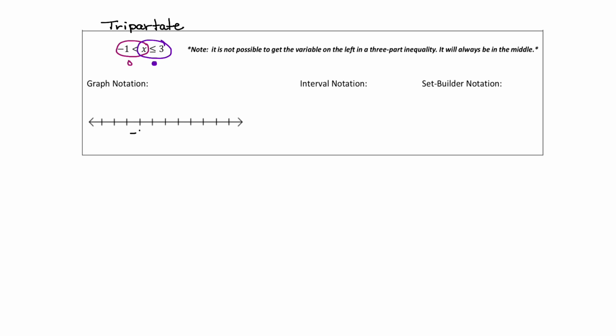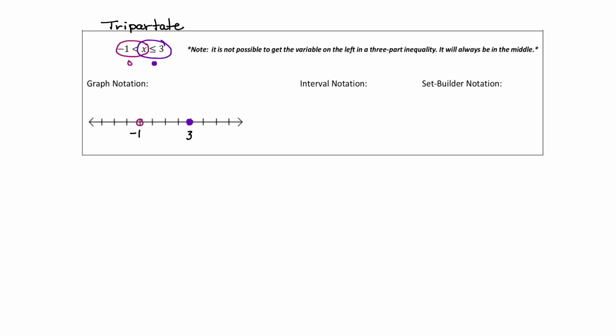So I'm going to put a -1 down here and an open circle. And counting, this would be 0, 1, 2, 3. You don't need to put those numbers. All you need is, 0, 1, 2, 3 is going to go right here. So we're going to put a 3 right there, and we're going to have the closed circle that we talked about up top. Okay, so far so good.